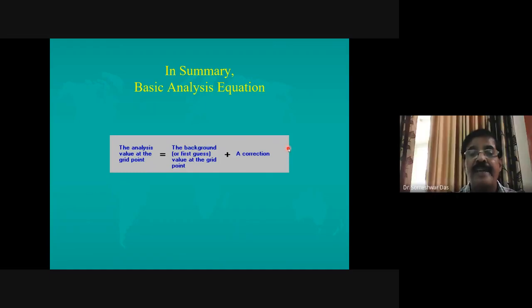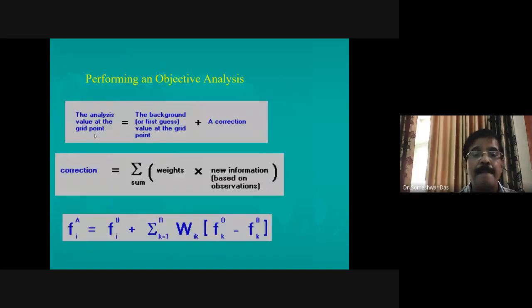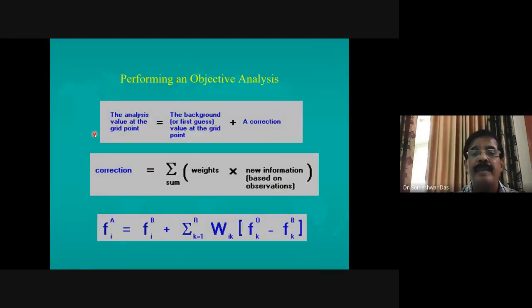So this is what we have discussed, the way of calculating the correction by different methods. There are so many interpolation techniques, like successive correction, Cressman's technique, the Barnes technique, polynomial interpolation, etc. So in performing an objective analysis, the analysis value is equal to background plus correction, and the correction is the sum of the product of the weightage of each observation times new information based on the observation.